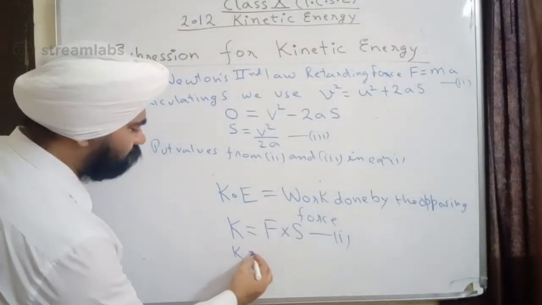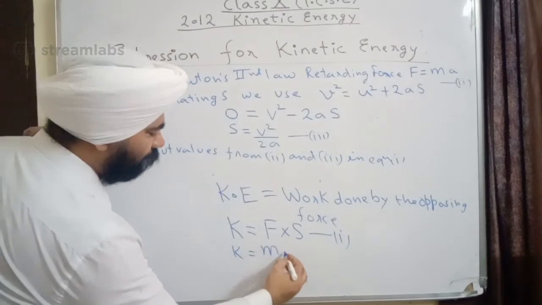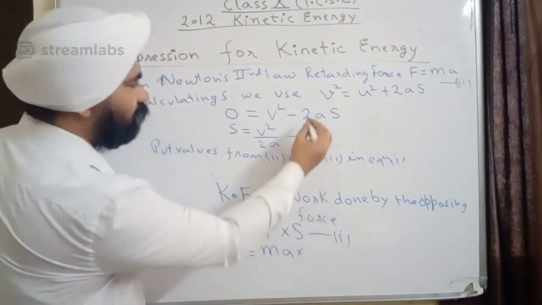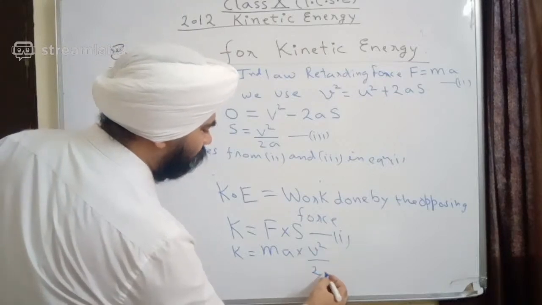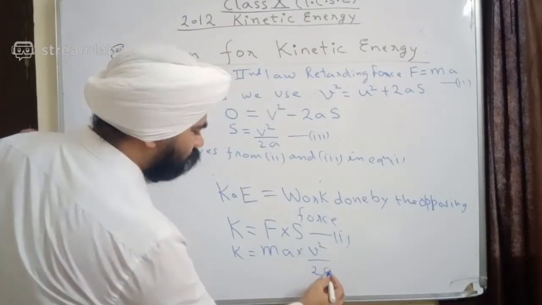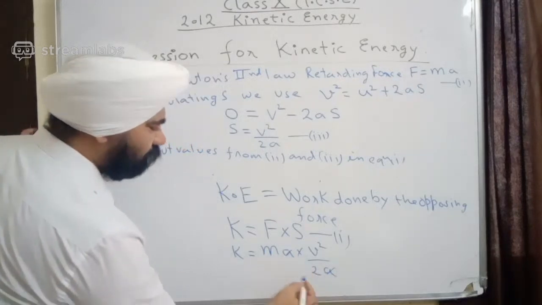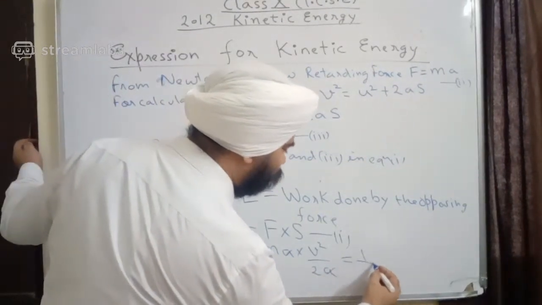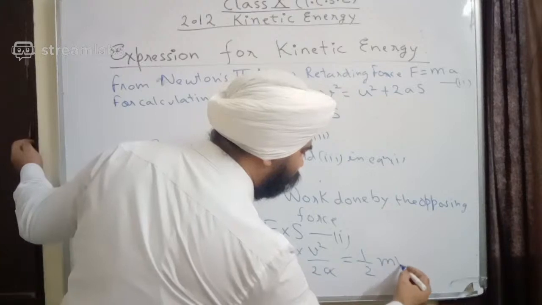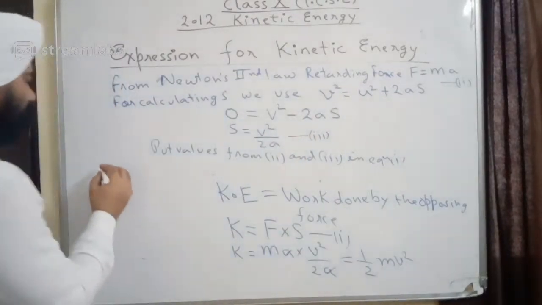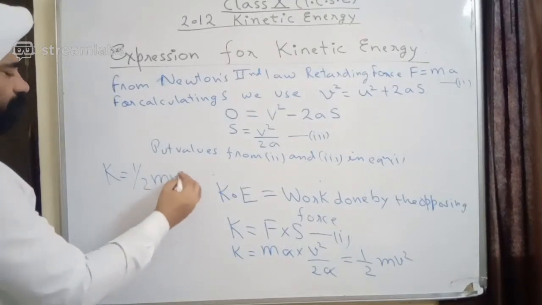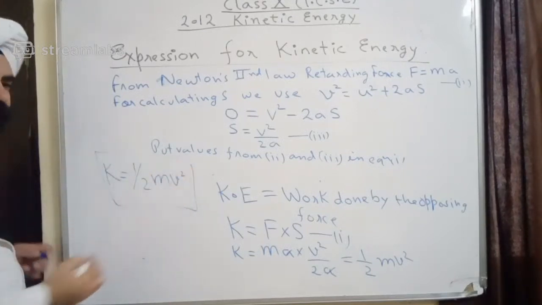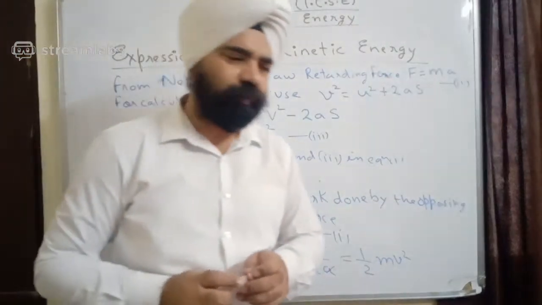It becomes K is equal to F into S, where we put mass into acceleration for F and v square by 2a for S. So a cancels, and what am I left with? I'm left with half mv square. So kinetic energy is equal to half mv square is the mathematical expression that we have obtained.